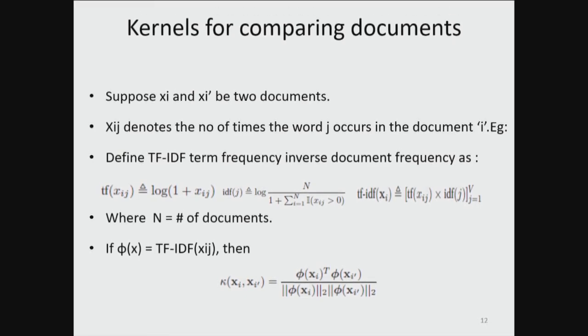Suppose we have a document I and a word J. How many times the word J appears in the document I, we count that, and that count is the word count Xij. Therefore, Xij denotes the number of times the word J appears in the document I.